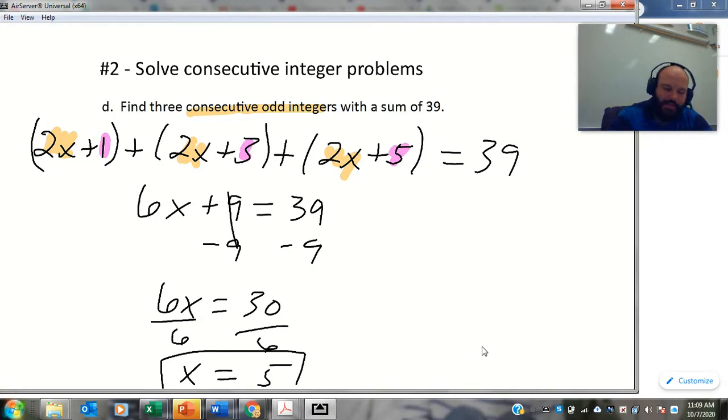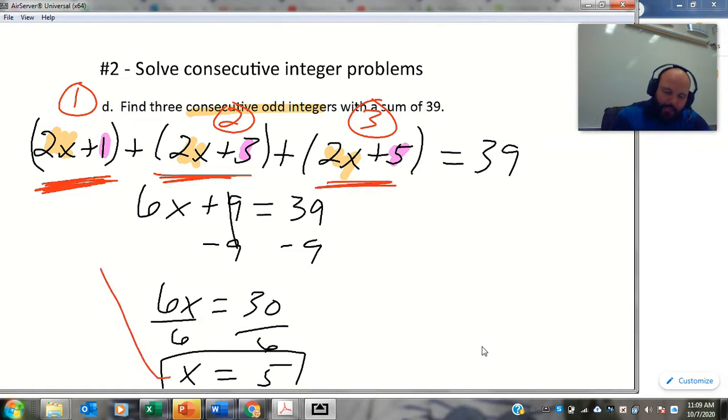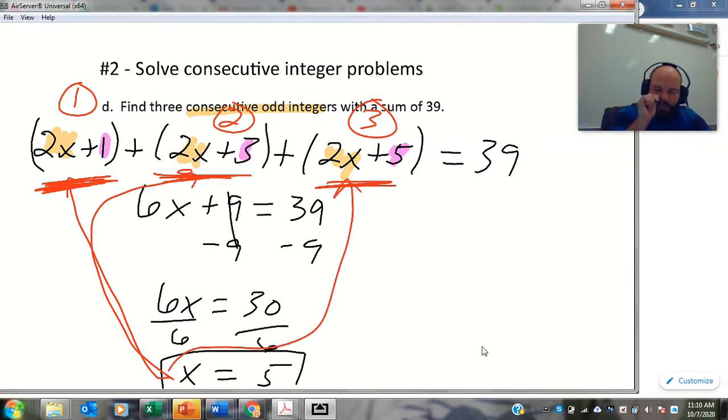So that tells us what x is, but remember, with these even and odd ones, we can't just solve for x. This right here is the first number. This is the second number. This is the third number. So I have to take my x value and plug it into the x's that you see in each of these expressions to actually get the three numbers that we're looking for. So when I plug in x equals 5 in the first expression, I get 2 times 5 plus 1, that equals 11.